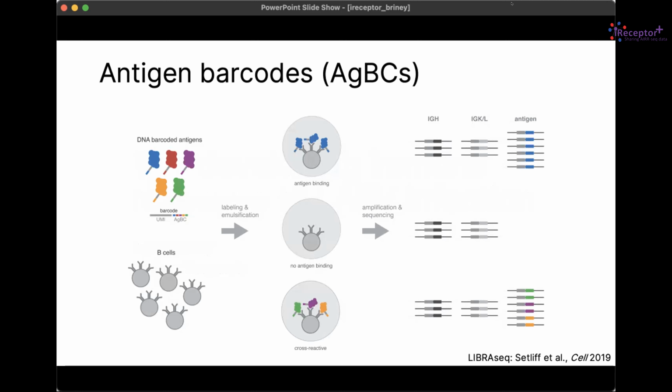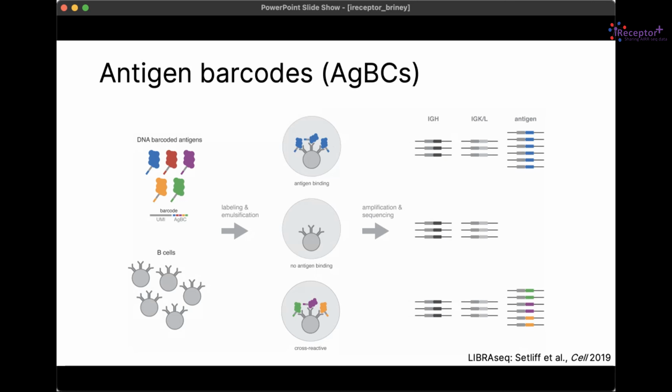The general gist of the process is you somehow attach a DNA barcode to various protein antigen molecules, label B cells with those protein antigens, and then using droplet microfluidics, whether it's 10x Genomics or your platform of choice, the individual antigens are dragged into those droplets along with the B cell if the B cell is able to bind. Then the individual barcodes can be amplified and sequenced, and the corresponding heavy and light chain sequences plus the antigen barcode reads can be obtained.